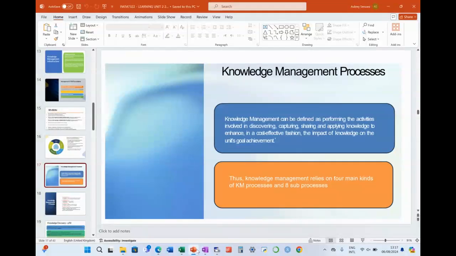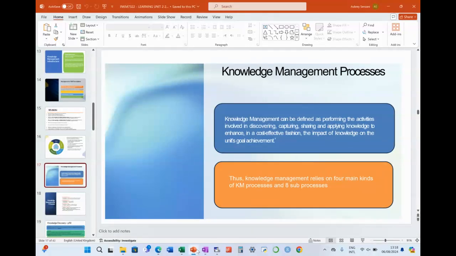Then knowledge management processes. Here on this slide, what you've got in blue is just defining knowledge management again. As we already know, knowledge management is basically us doing the things necessary to get the most out of our knowledge resources. Here they're extending it to people achieving their goals as individuals and as a company. But what is important for us to take away from this slide is what we have in orange, and that is something new to us: knowledge management relies on 4 main kinds of knowledge management processes.